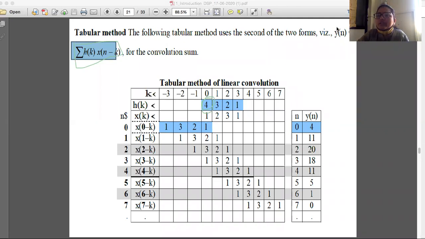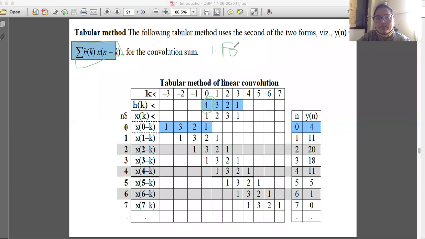The folding operation is just to change the position of the numbers. Now the numbers present on the positive side are shifted to the negative side. So the first operation while performing the convolution is called the folding operation that we have performed here.